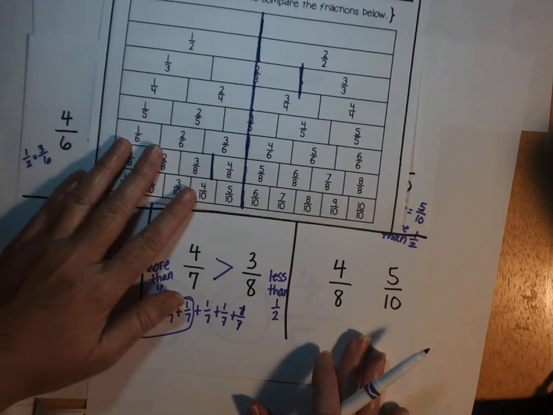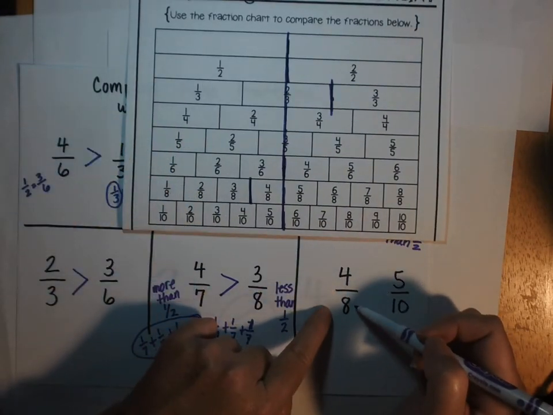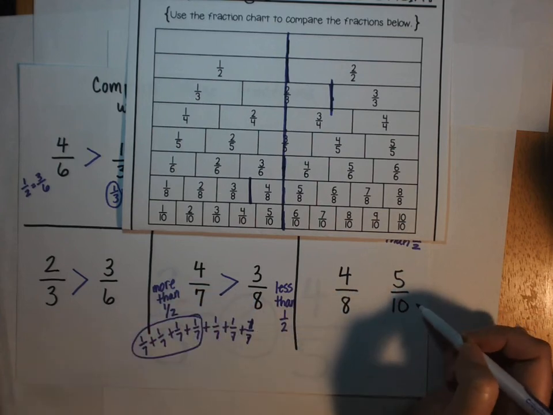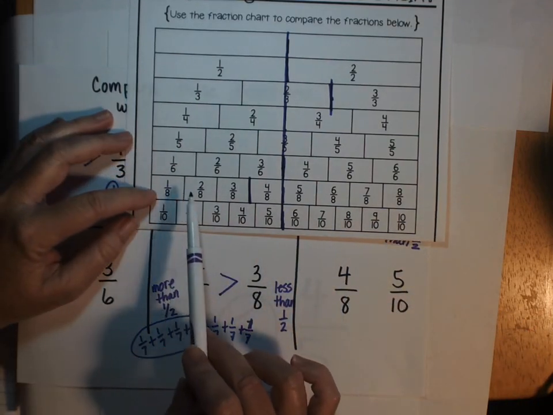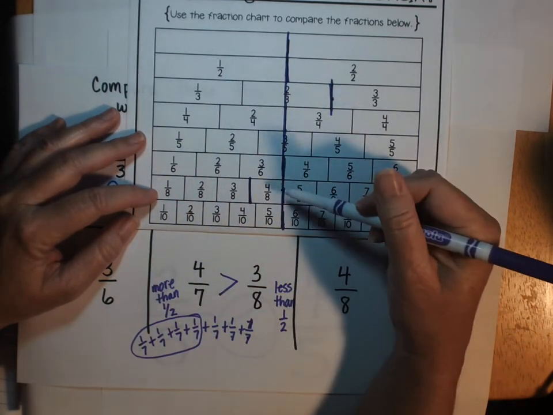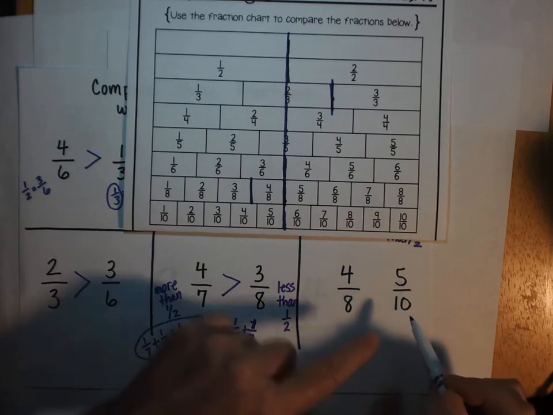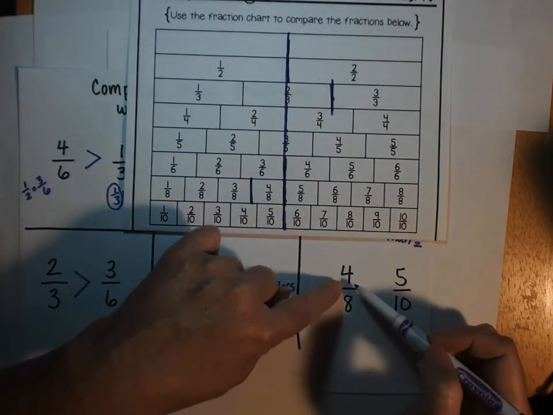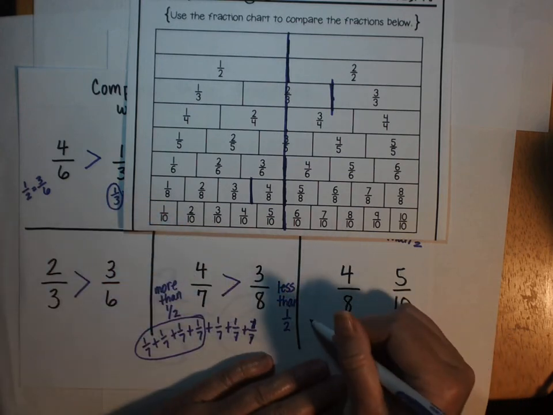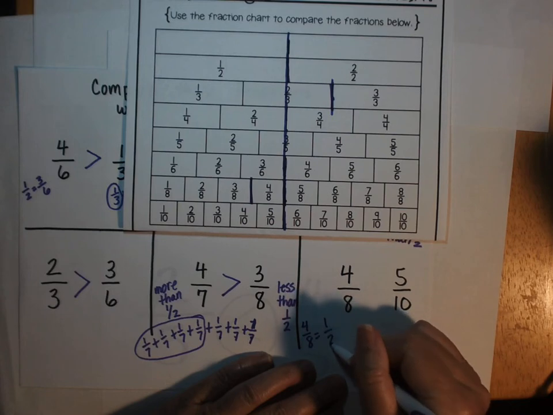All right, our last example, I have 4/8 and 5/10. So here is 4/8, 1, 2, 3, 4. So 4/8 stops right here. And 5/10, so 4/8 is exactly at 1/2. 4 is half of 8, so this is equal to 1/2.